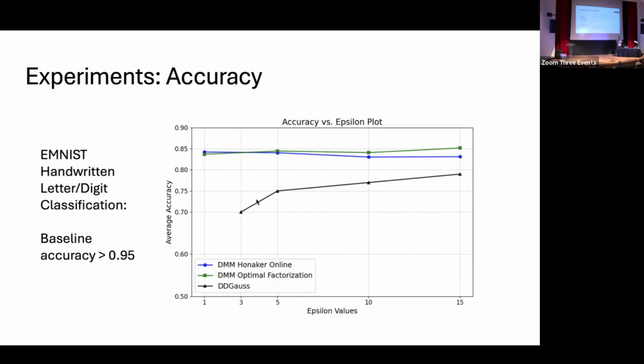The blue one is a more efficient factorization, which allows us to only keep track of logarithmically many secret shared values at a time across the number of rounds. You can see that because we use the matrix mechanism and correlate the noise across rounds, we're able to get much better accuracy.